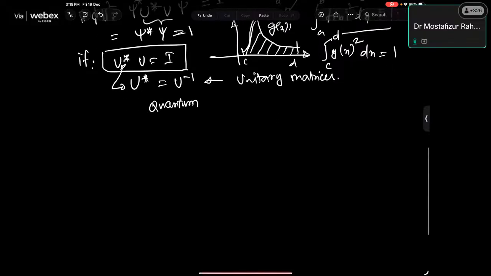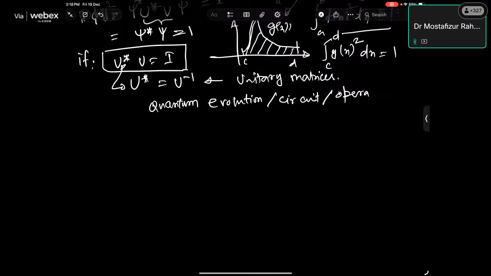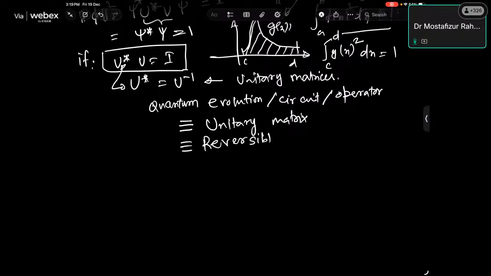So quantum evolution, whether you call it a quantum evolution, a circuit, or a quantum operator, is a unitary matrix, and in computer science we call it reversible logic. That is the basic fundamental of quantum computing, right?